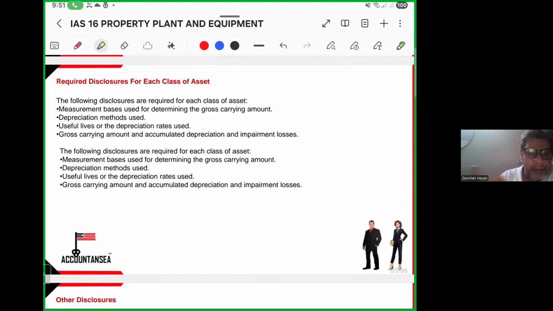Firstly, the following disclosures are required for each class of asset: measurement basis used for determining the gross carrying amount, depreciation methods used, useful lives or the depreciation rates used, and gross carrying amount and accumulated depreciation and impairment losses.